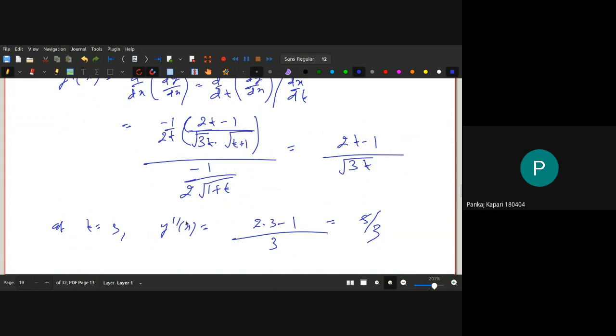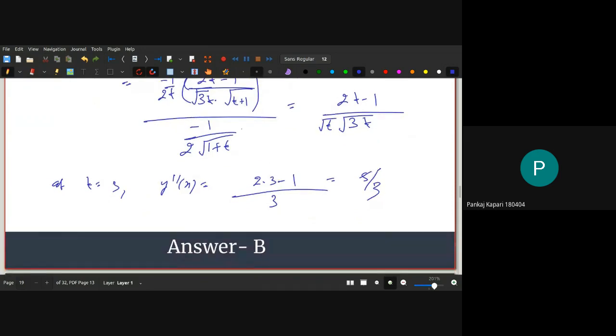Okay, so I think we are missing this t, right? This t is missing, I think. So 2t minus 1 divided by, minus half is just cancelling, root 3t, and we are missing this root t. Now if you put t equal to 3, then we'll have 3 root 3. So I think there is still some mistake.